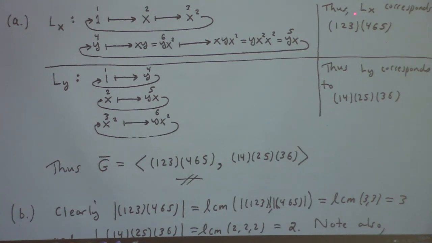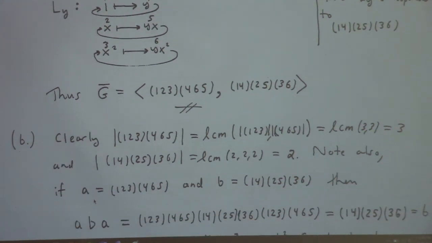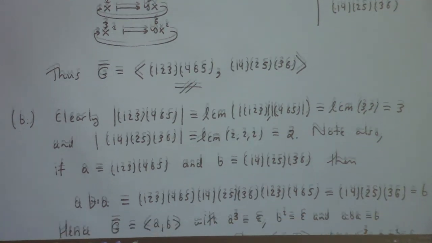Because there's no way underpowering either one of these gives each other, right? No matter how many times you take a power, you can't change a 3-cycle into this kind of cycle. These cycle types are not connected under powering. Anyway, admittedly, I haven't entirely proved that that's G bar, but there it is.